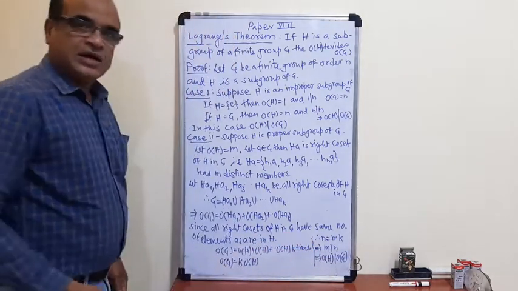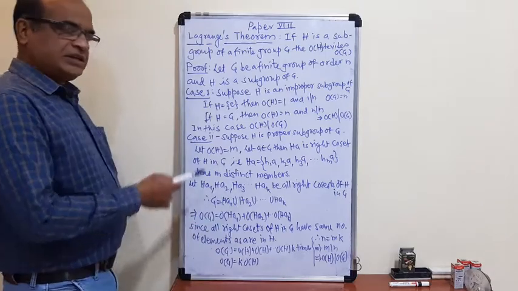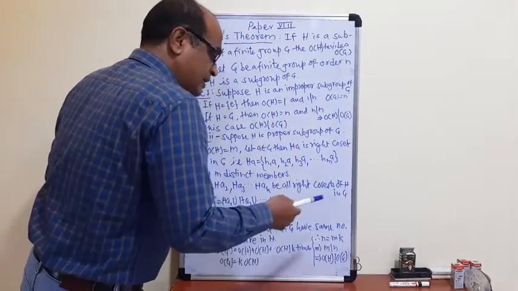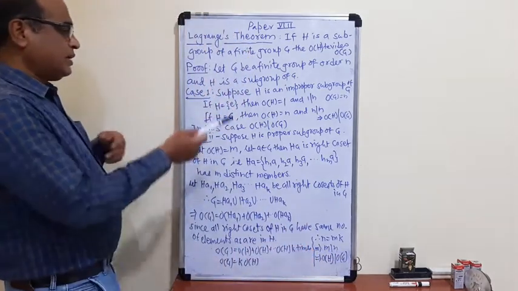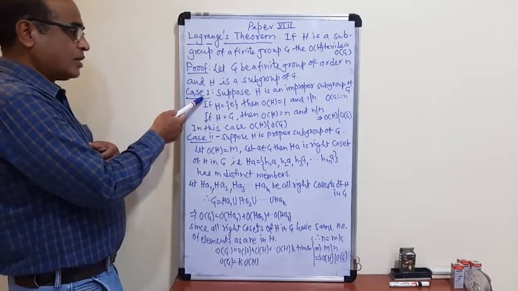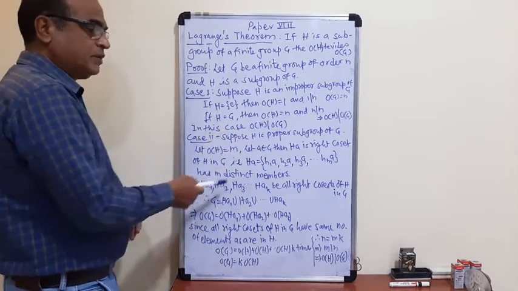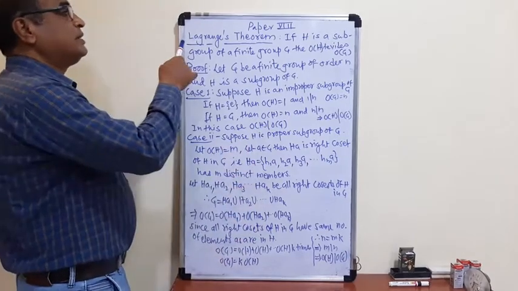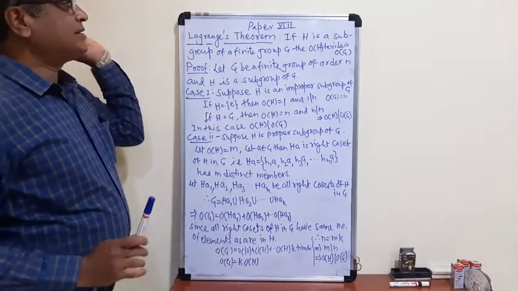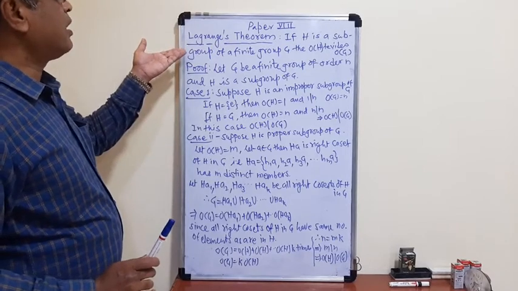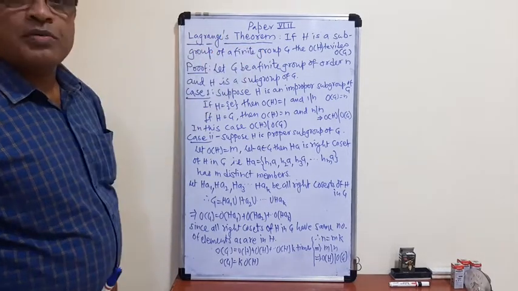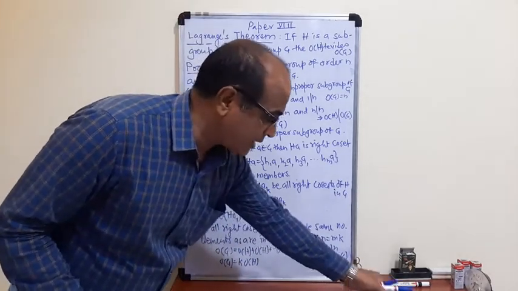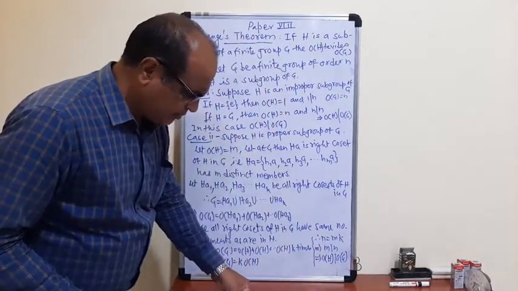The order of G. So when H is a proper subgroup of G, the order of H divides the order of G. In case 1 we also proved that the order of H divides the order of G. So in both cases we proved the theorem: if H is a subgroup of a finite group G, then the order of H divides the order of G. This is the Lagrange theorem, a very simple proof.